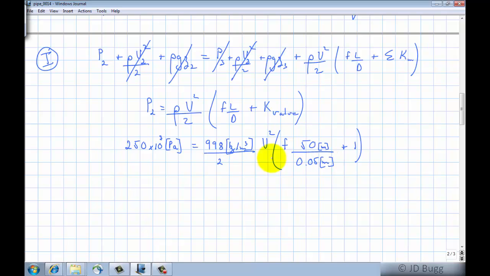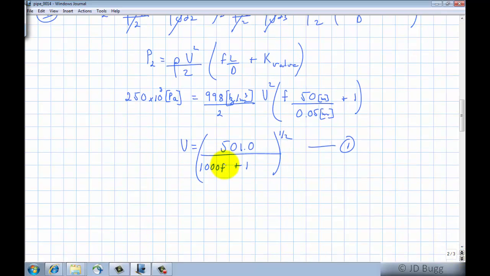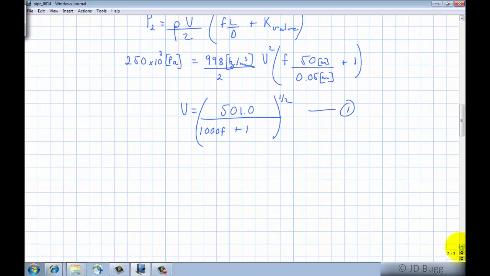So we can calculate out everything that we have so far there, and we get V alone on the left-hand side, 501 in the numerator, and in the denominator 1000 f plus 1, and all of that is to the 1/2 power. I'll call that equation 1, and we'll need that in our iterative solution. So the friction factor in here is a function of two things: relative roughness and Reynolds number.